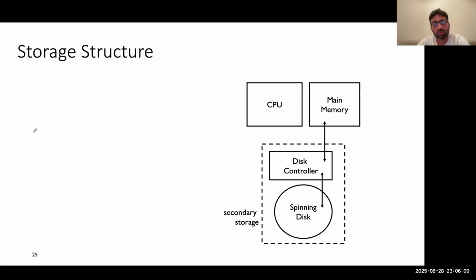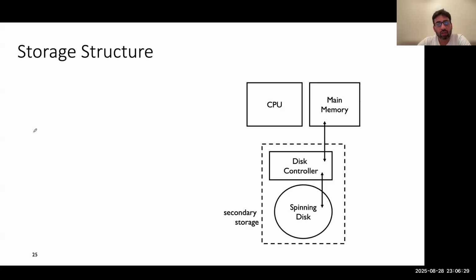And why do we call them secondary storage, and not main storage or main memory? Because the CPU cannot directly read data from secondary storage, and can only directly read the data from main memory.